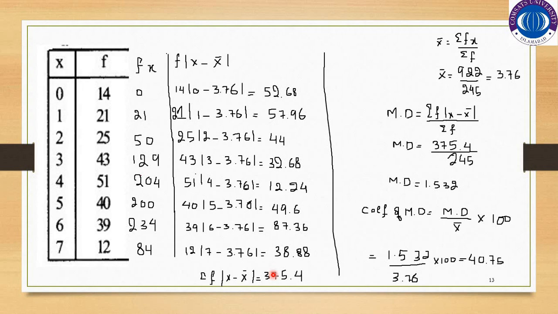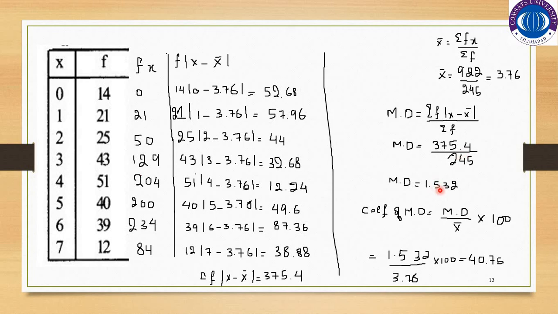375.4. And next, we will substitute this value in the formula of the mean deviation for the group data, which is summation f into mod of x minus x bar divided by summation f. And this is 375.4 divided by 245, and the mean deviation would be equal to 1.532.